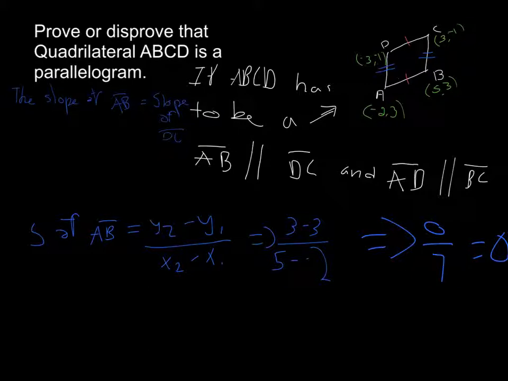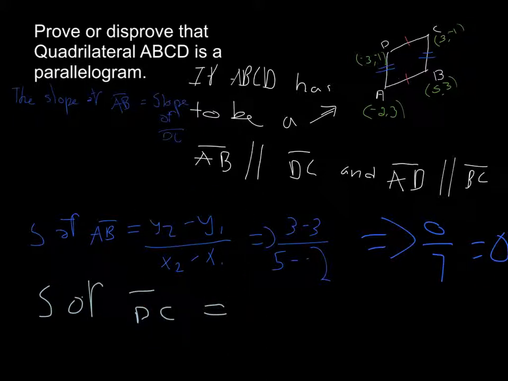So now we have the slope of, well, let me get a different color here. Now we're going to find the slope of line segment DC, and we can use the same formula, y2 minus y1 by x2 minus x1. I'm not going to write that down since it is at the top here.